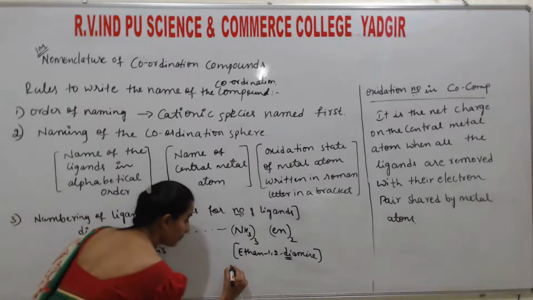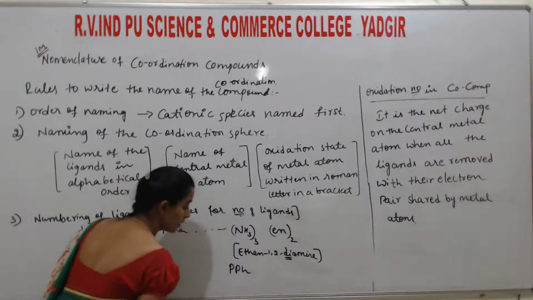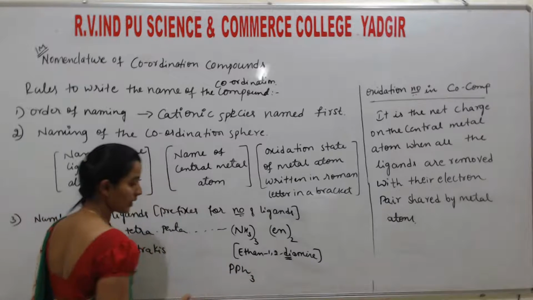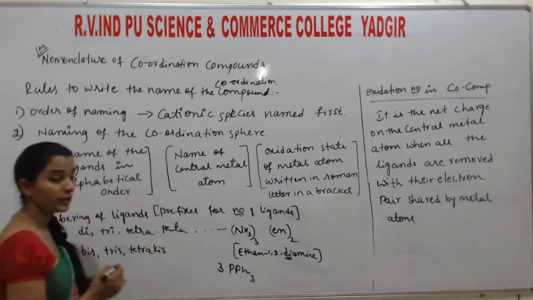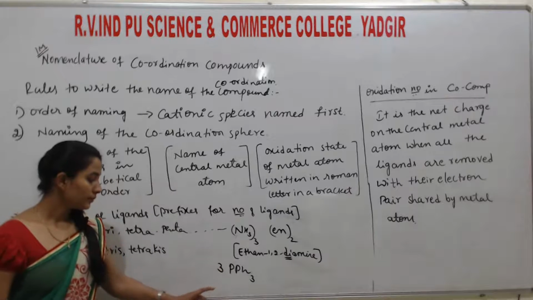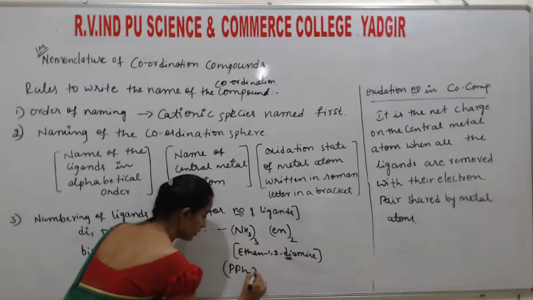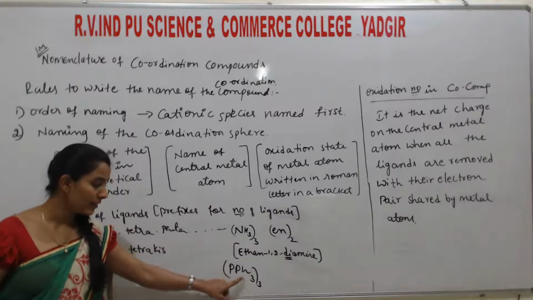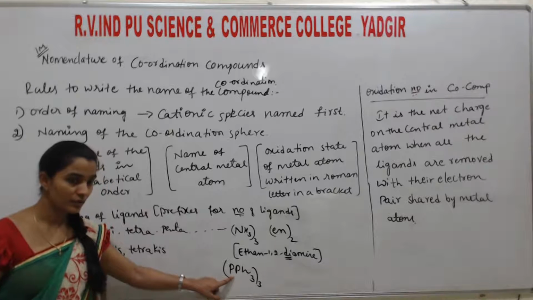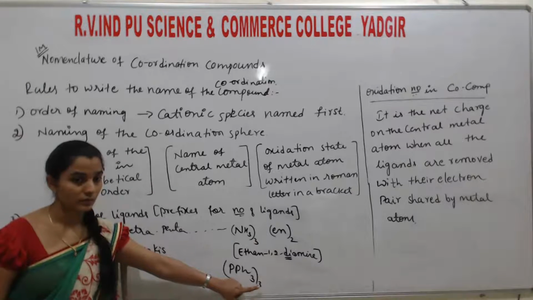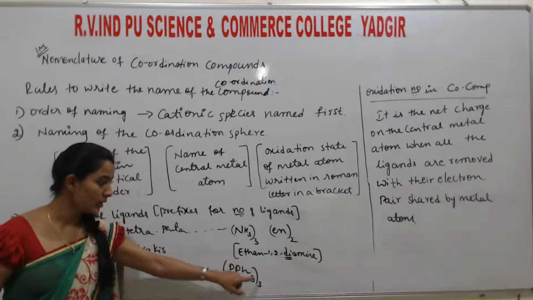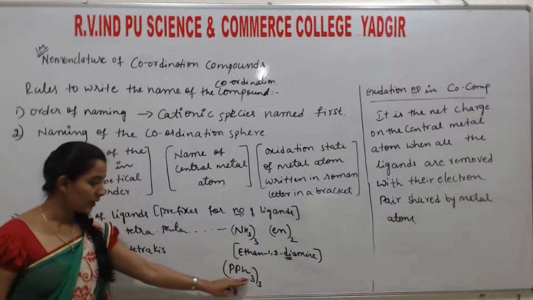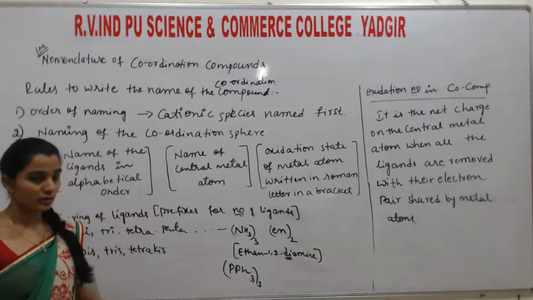Understood? If PPh3, that is triphenylphosphine, 3 times is there, it is not written as tri(triphenylphosphine). The name itself already has tri, so it is written as tris(triphenylphosphine). So understood?